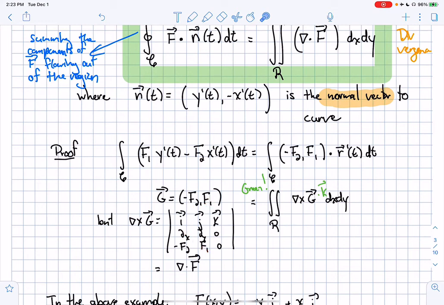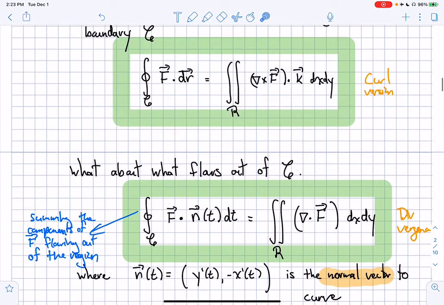So when you actually do the curl of G, what you get is del x f1 minus del y of minus f2. So it's del x f1 plus del y f2. This is the divergence of the vector field f1, f2 you started with, in the direction k. Okay? And so therefore, when you do dot k on both sides, you get the divergence of f here in the integral. Okay? So it's just a little trick.